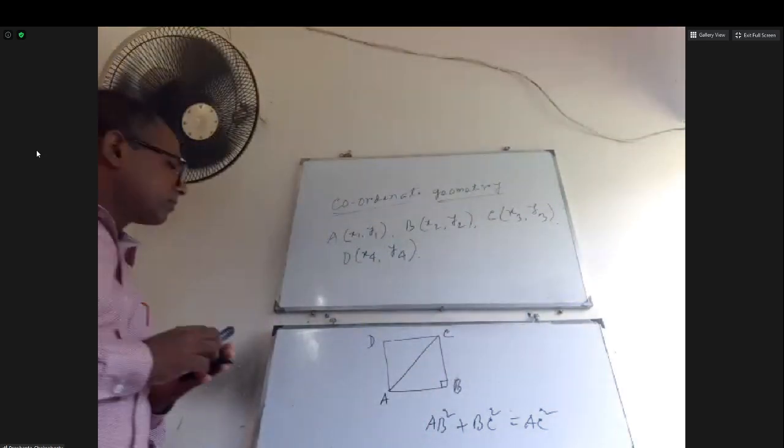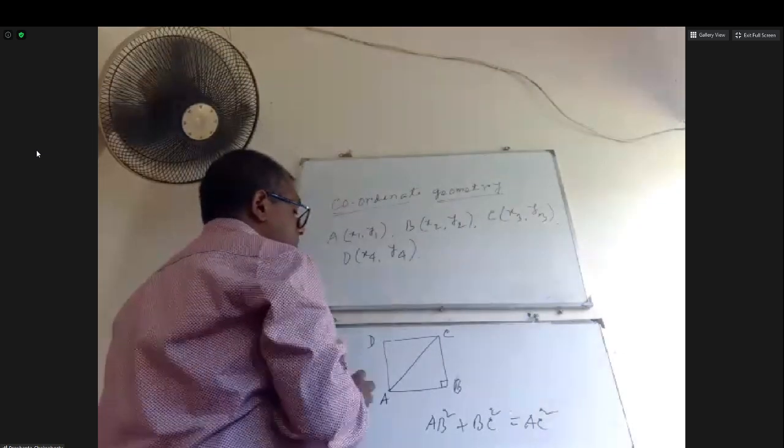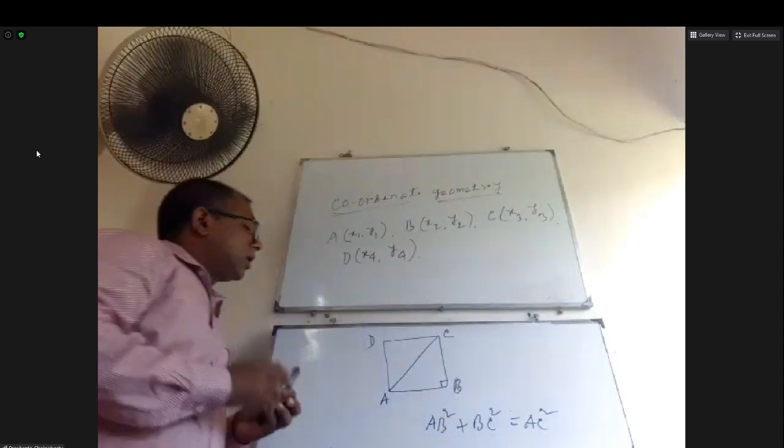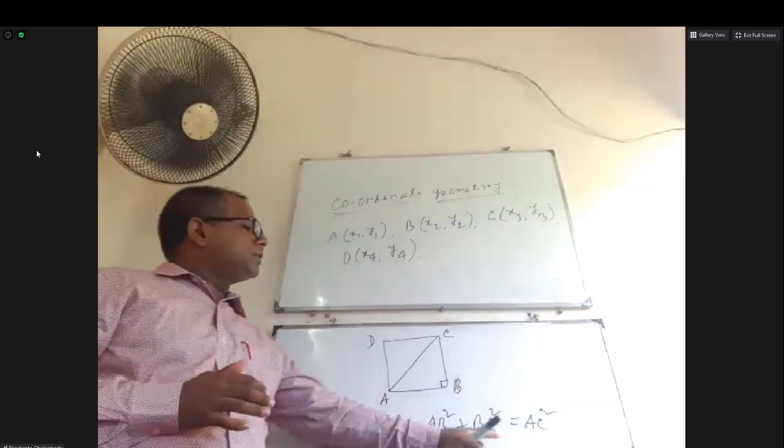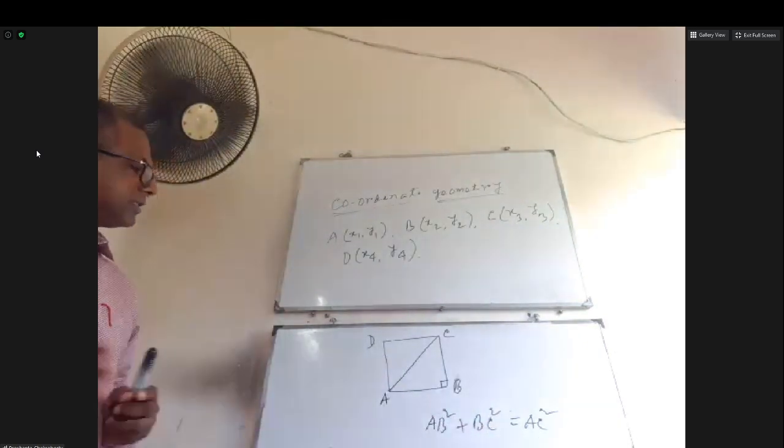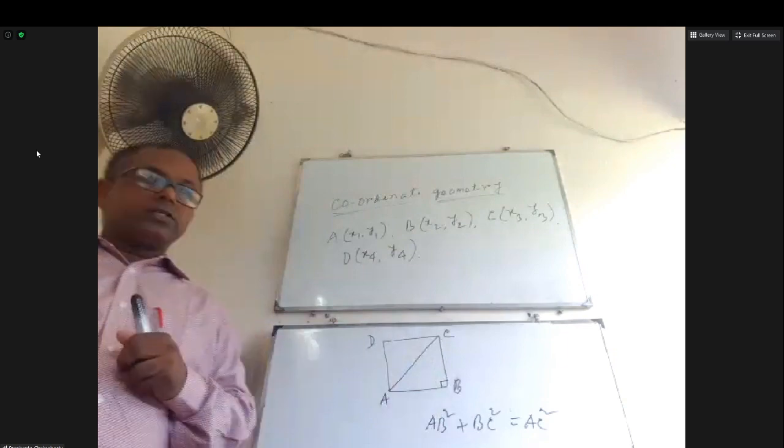And if AB square plus BC square equal to AC square, then we can say ABCD is a square.